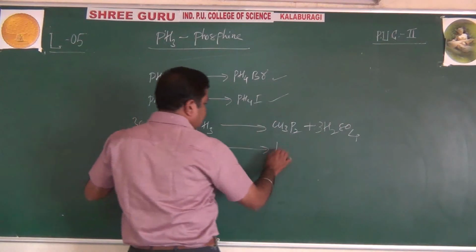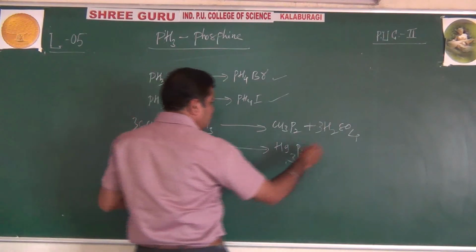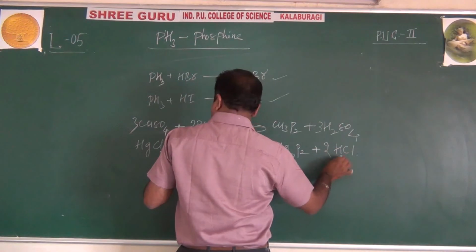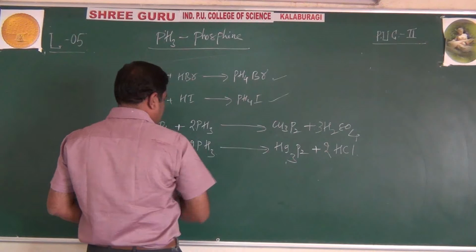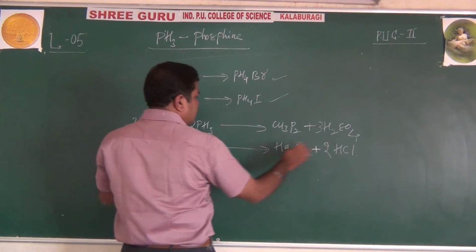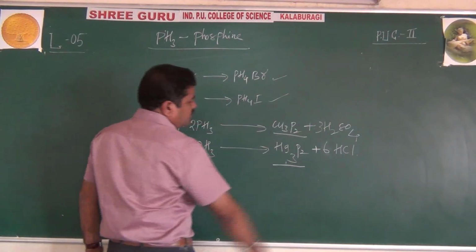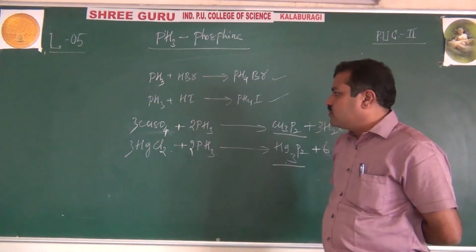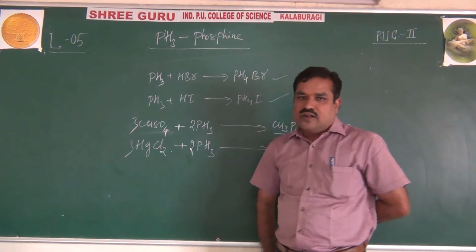3 HgCl2 plus 2 PH3 gives Hg3P2 plus 6 HCl, hydrochloric acid. So cupric phosphide and mercury phosphide form when it reacts with metal salts like copper sulfate and mercuric chloride.